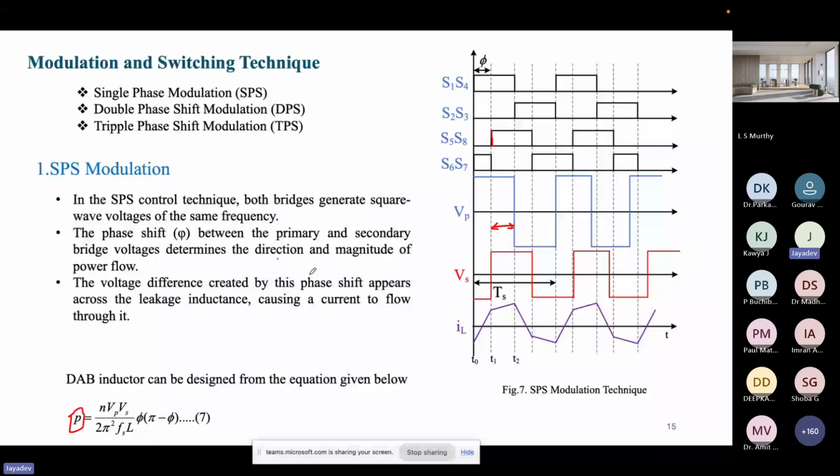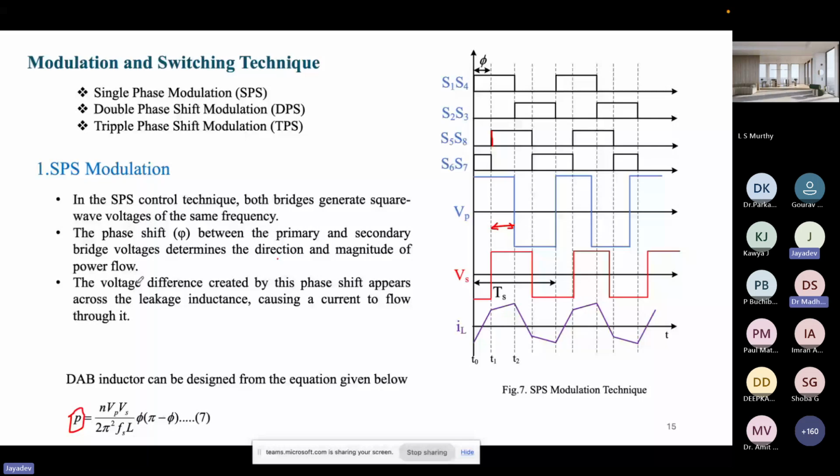This single phase shift modulation technique is very simple to implement, but it has some disadvantages like circulating current. Even if your output is open circuited, internally there is a circulating current.